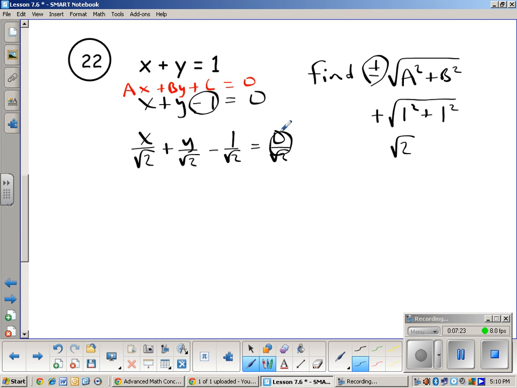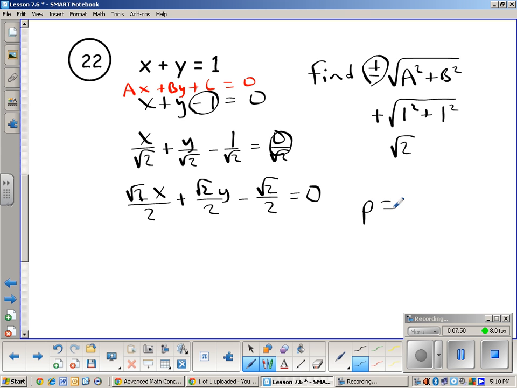So then what we do is we rationalize this and we get square root of 2 x over 2 plus square root of 2 y over 2 minus square root of 2 over 2 equals 0.